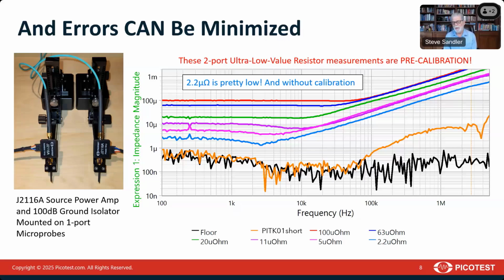And you can see that we do have an impedance floor here that's below a micro-ohm, and we were able to measure magnitudes of 2.2 micro-ohms reasonably accurately using no calibration at all, but flat gain components that provide the ground loop isolation to correct the low frequency error and gain to improve the signal to noise. And so this is a pretty good measurement, even without calibration.